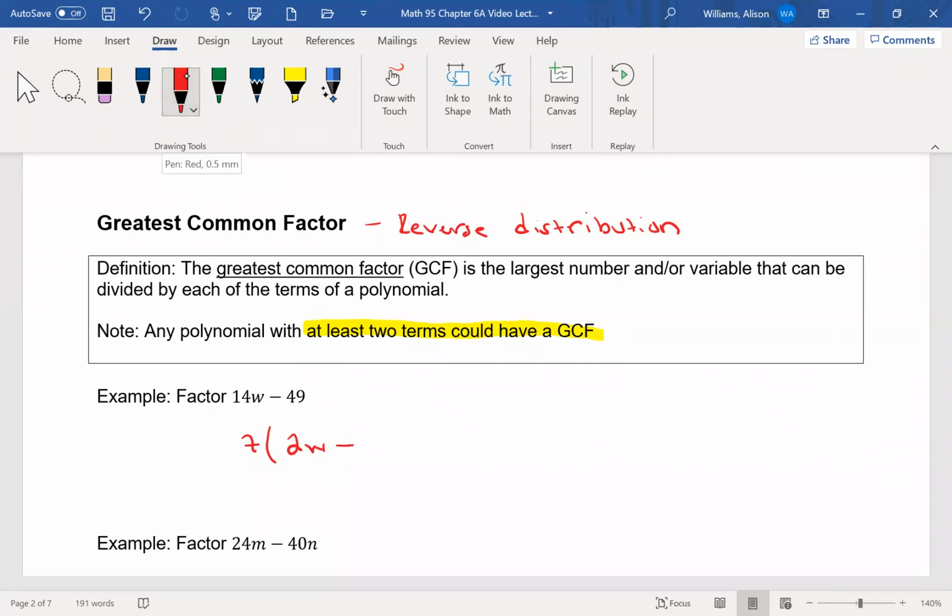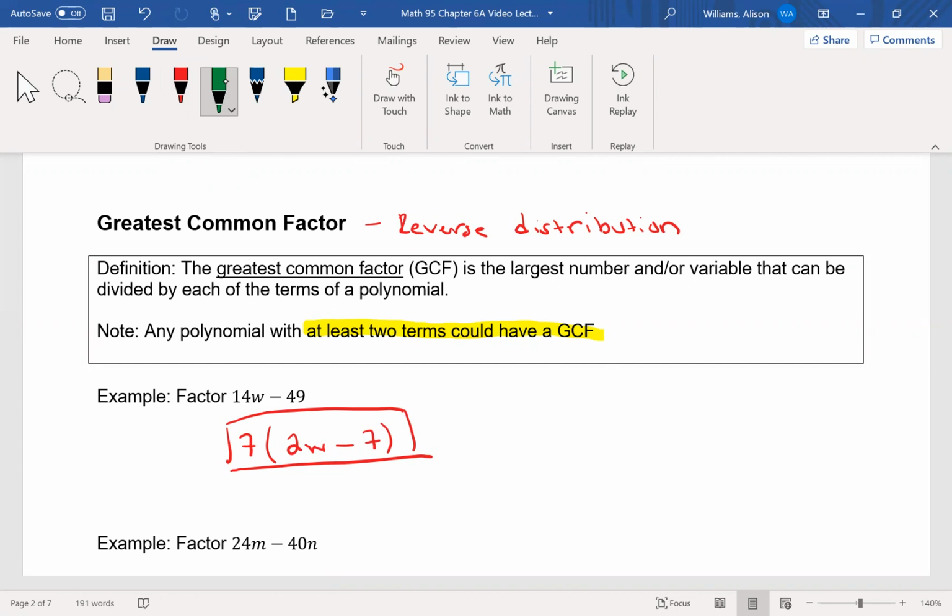And then for the 49, that's going to be 7 times 7 is 49. And what I have here is, if I distribute this, I get back to what I started with. And that's what's nice about factoring, is we could always check our answer and make sure we did it correct by actually distributing it back out.